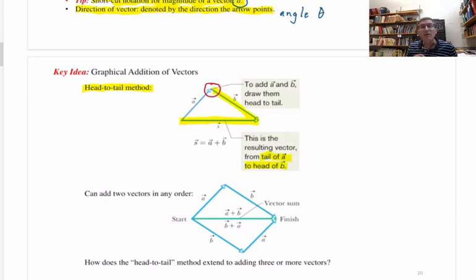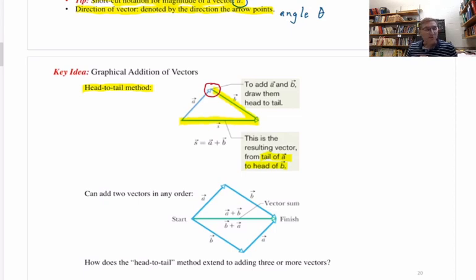So that third arrow there, that is labeled S arrow, is the sum of A and B. And it's got a particular magnitude and direction. That's the graphical method for adding vectors. You need to be able to draw a diagram like that.